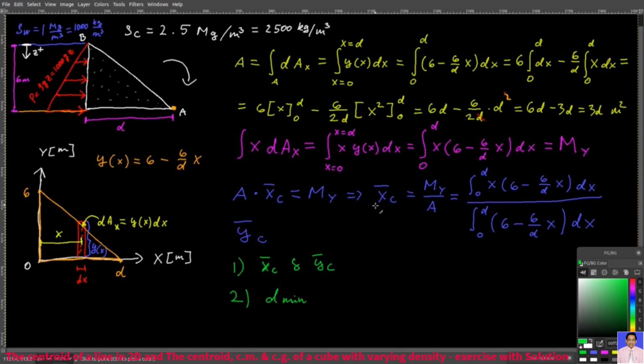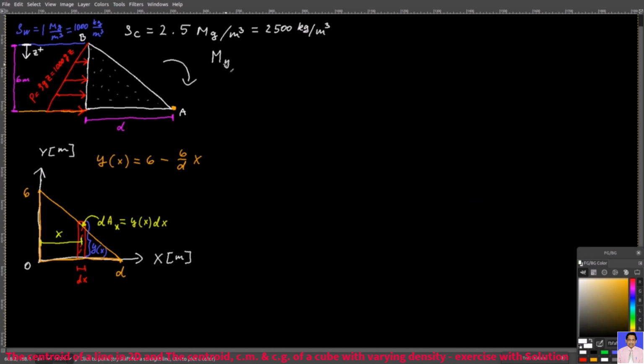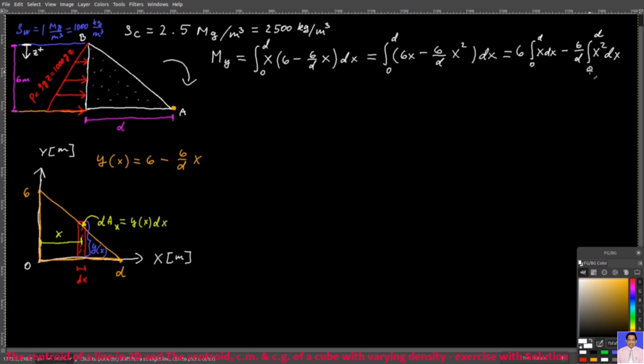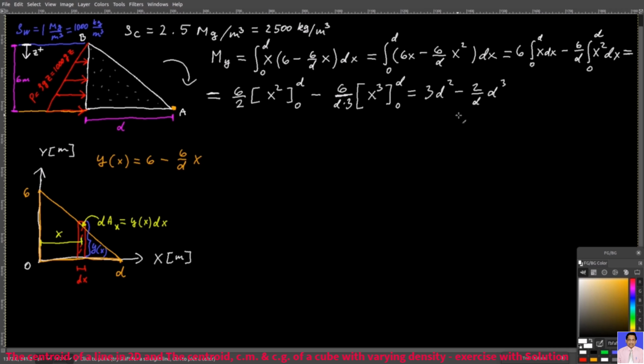First of all, you know that x bar c equals all this. And you know that this is the area of the cross section. And so let's evaluate this My. So My equals this integral, which you can rewrite like this or like this. This is its evaluation. In the end, you get this thing.